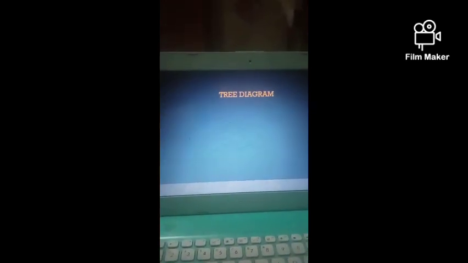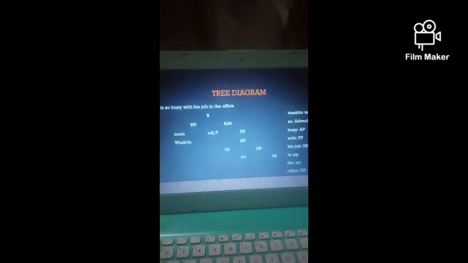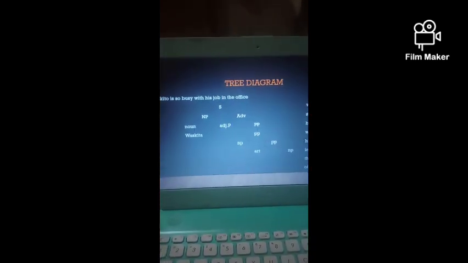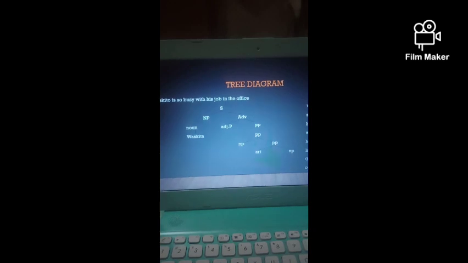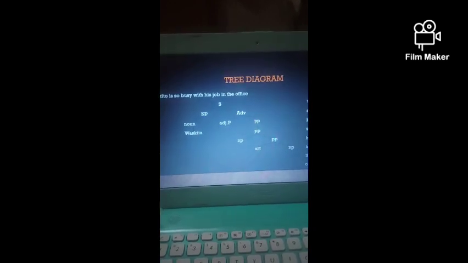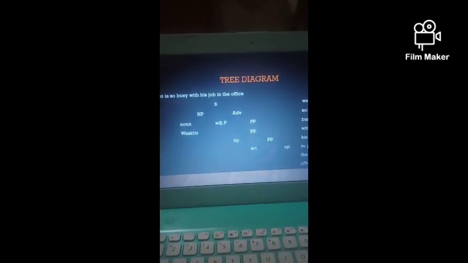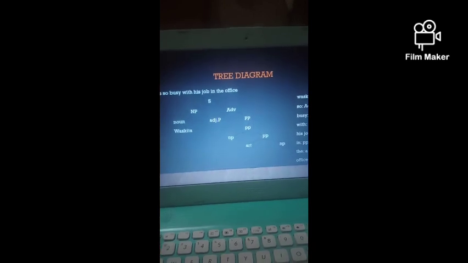Next, let's talk about the tree diagram. The first sentence: Waskito is busy with his job in the office.